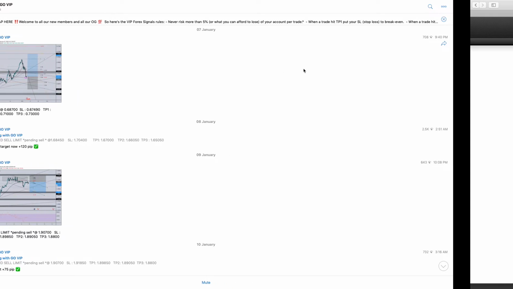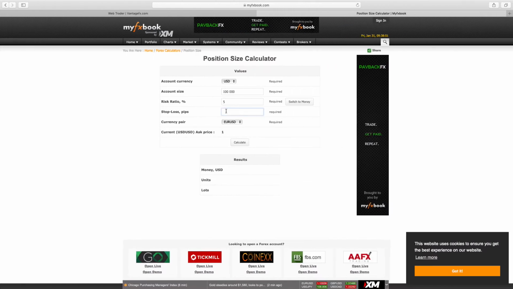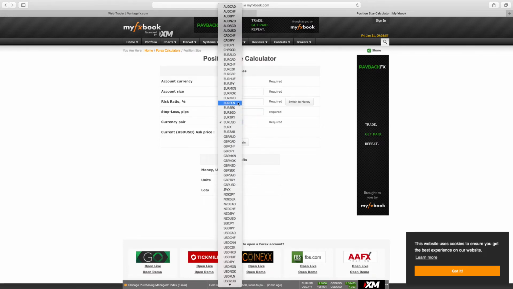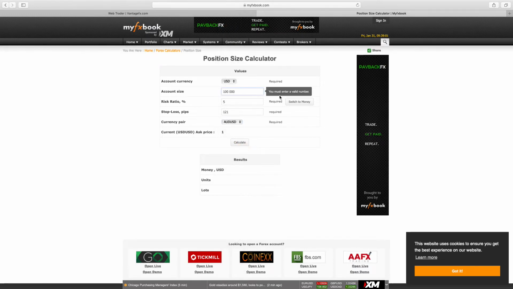And what you do with this, so you input it in here, 121 pips, and the currency, so AUD USD, and then you click on calculate, and you see that it says it's not a valid number because you have a space. And you click calculate once again, and you see money USD, so $5,000 represents 5% of this amount, in this case 100K.